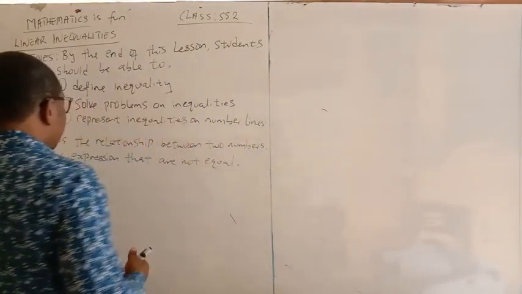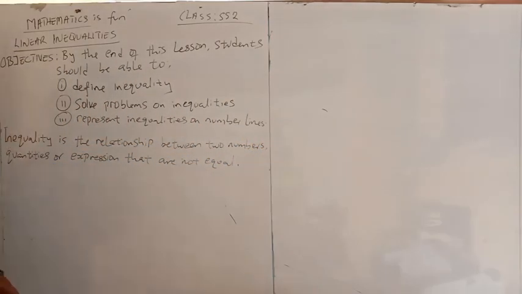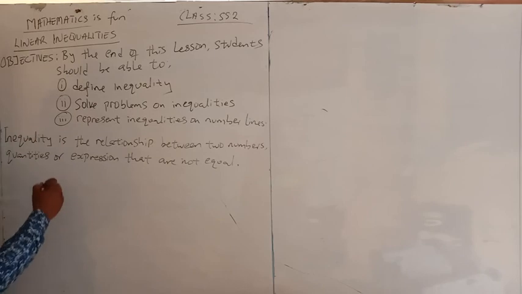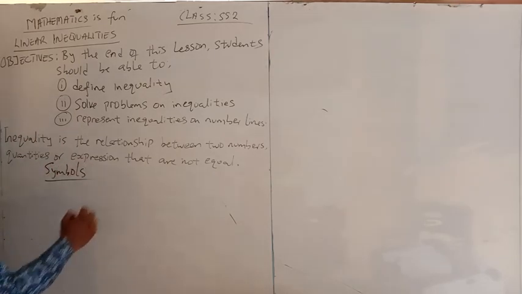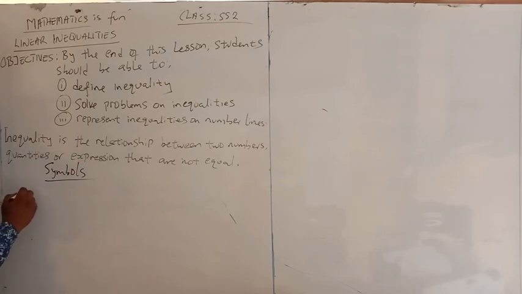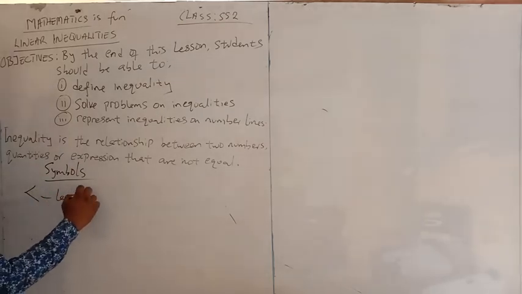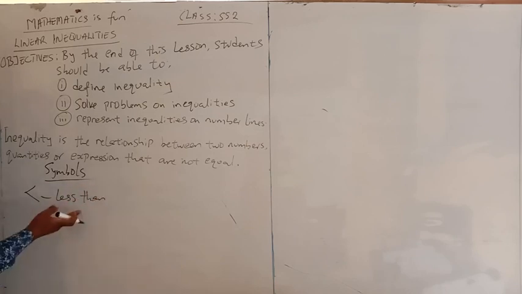Now, when we are talking about inequalities, we have some symbols we use and we need to know. Inequality symbols. We have less than, which means that the number in question is not up to.